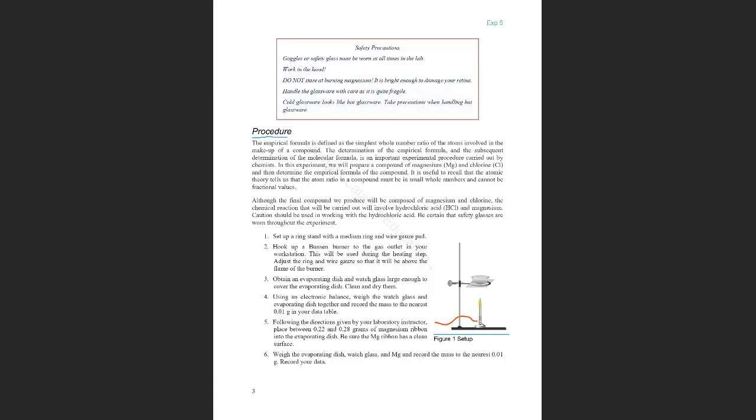This is a Bunsen burner, and you still need to get familiar with those. So watch the videos that will teach you the names of the Bunsen burner parts and other information that you might need to know. But what is this experiment about this week? It's very simple.